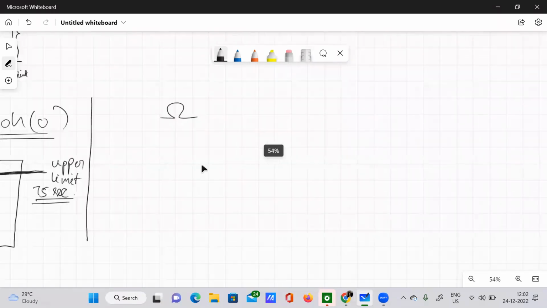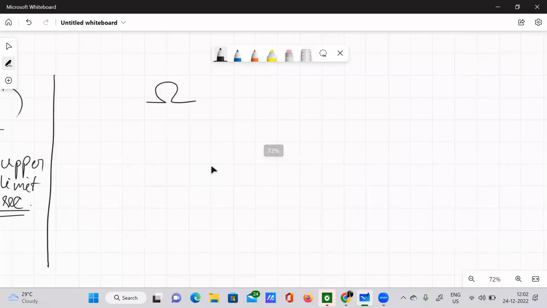And when I want to talk about this omega, this denotes the lower boundary of an algorithm. That means this would be my best case runtime complexity. So it measures the best amount of time to execute the algorithm.